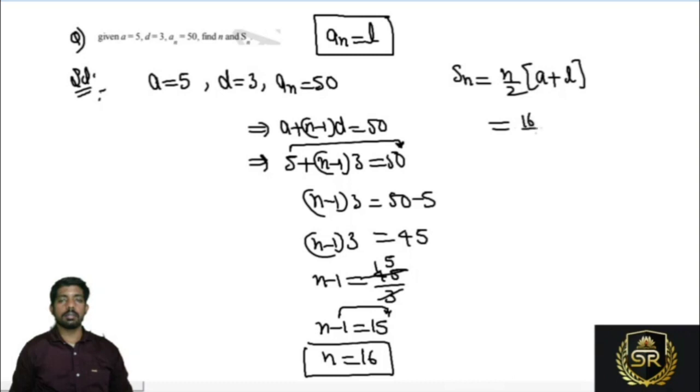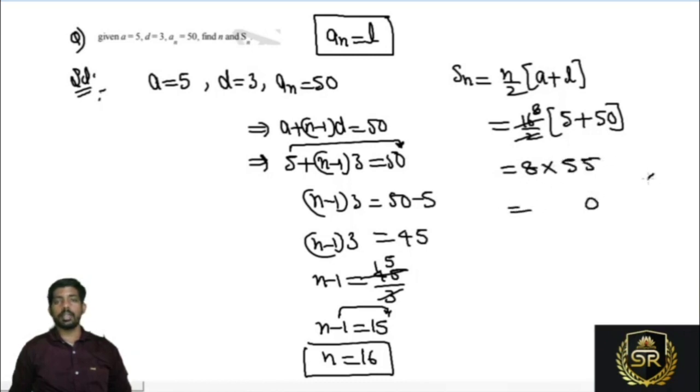This is 16 by 2 into a, which is 5, plus last term, which is 50. Okay, so 2 8s are 16. Here 8 into 55. 5 8s are 40, plus 4 is 44. 440. Therefore Sn is equal to 440 is the result. Okay, this is the solution.